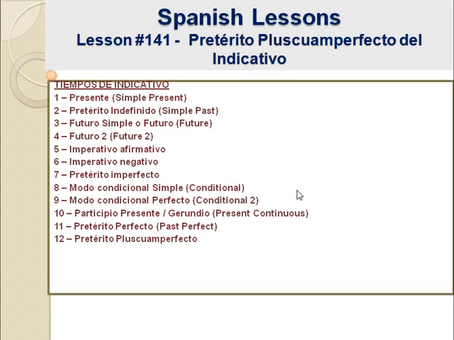For example, I had gone, okay? I had eaten. This would be the pretérito pluscuamperfecto del indicativo, okay?